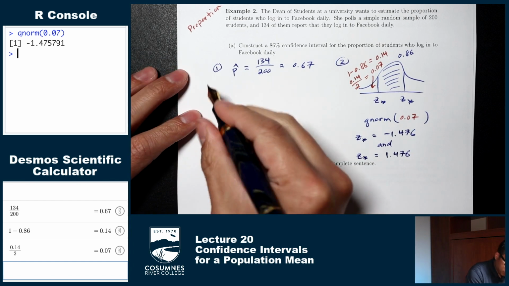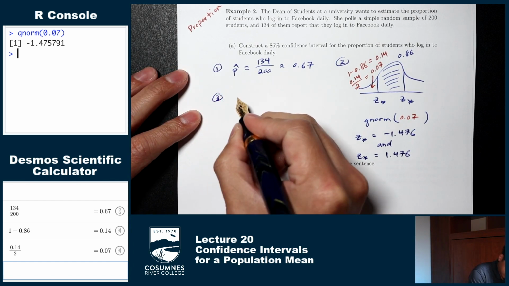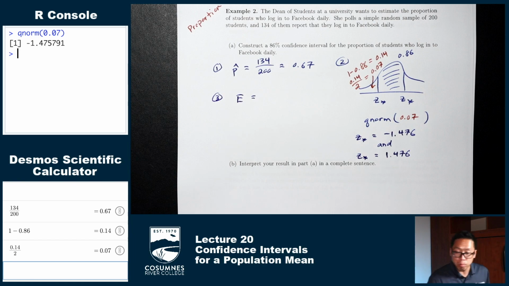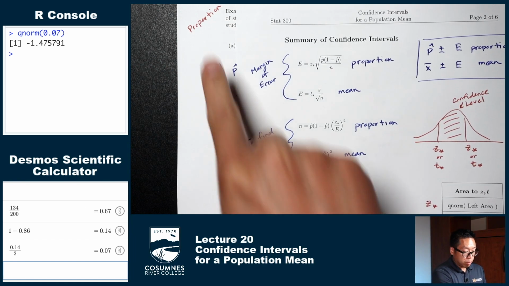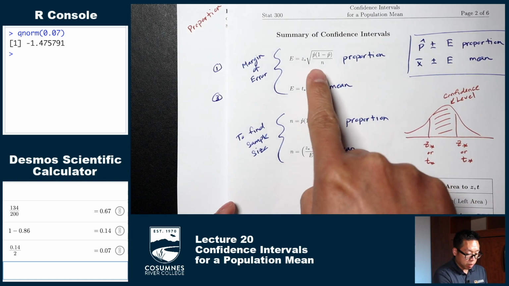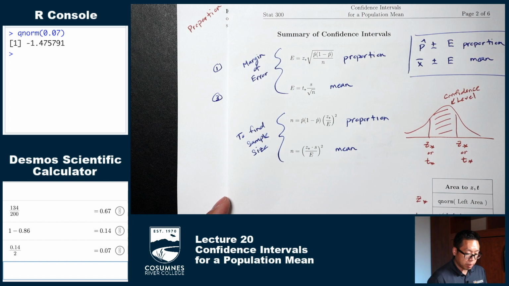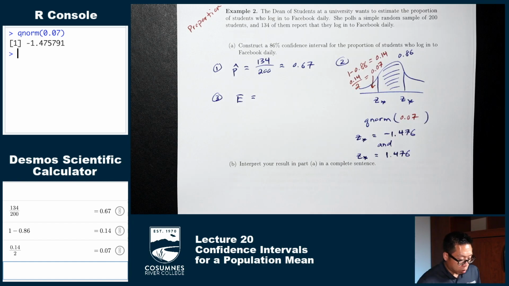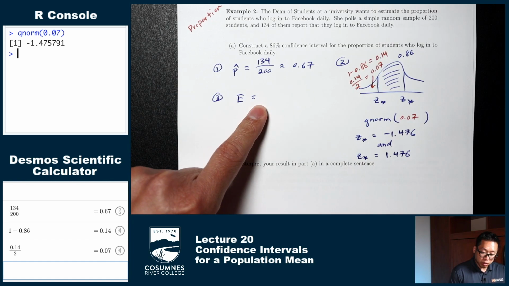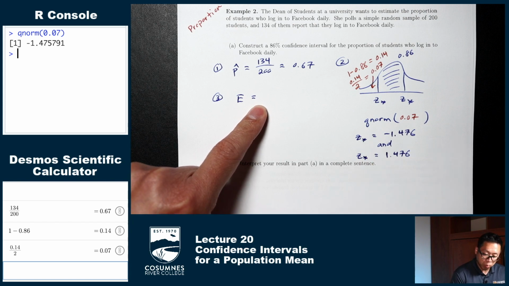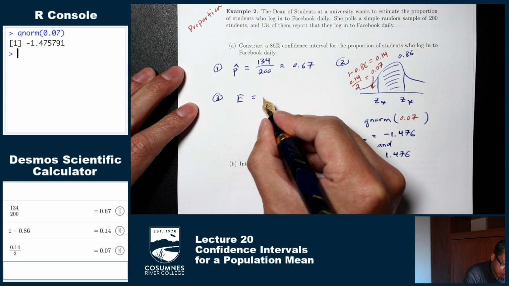Step 3. Step 3 is to find the margin of error. Make sure we're using the correct formula. We're in the proportion situation, so we should be using this first formula: z star times the square root of p hat times 1 minus p hat over n. I have 2 z stars, but I always use the positive one, so 1.476.